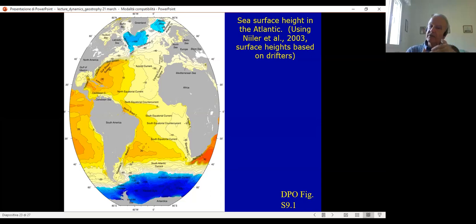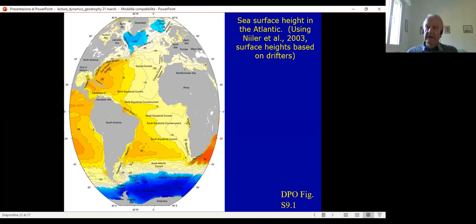You can measure the sea level, the sea surface height distribution, and then obtain the flow. But you can do the opposite operation. You can measure the surface current with good enough resolution, and then reconstruct the sea surface.